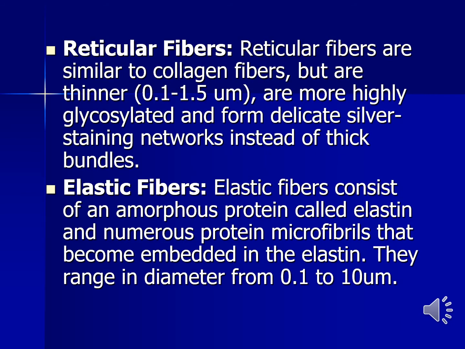Reticular fibers are similar to collagen fibers, but include some specific composition of molecules, highly glycosylated, and form delicate silver-staining networks. This is a very important characteristic of reticular fibers, which is used in the investigation of the composition of reticular tissue.